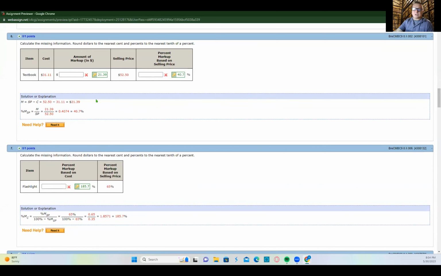You just subtracted those two, right? Now, markup on selling price is going to be your markup divided by your selling price, which they give you right here. When you plug that into a calculator, you should get 0.4074.